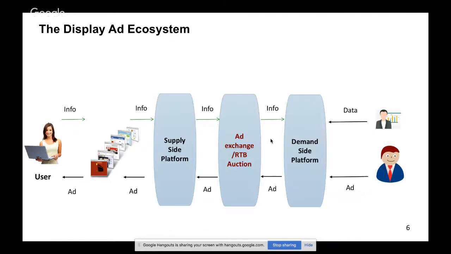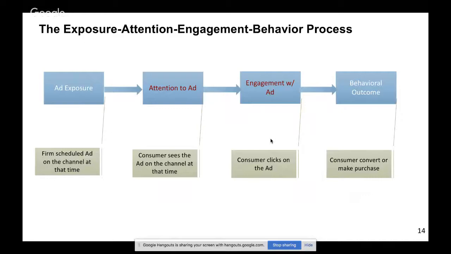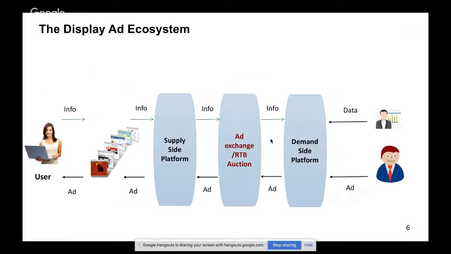As an advertiser, you can choose to do display marketing either through an ad network, like the Google Display Network, or through a demand side platform company. That's the ecosystem of display advertising.